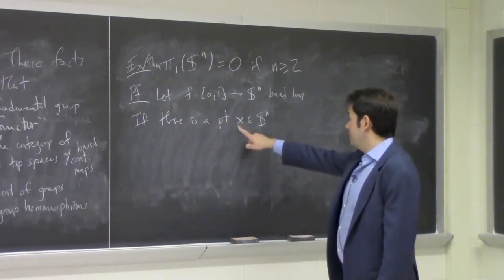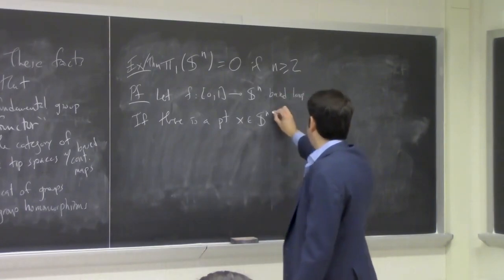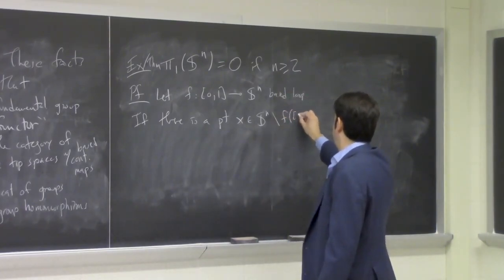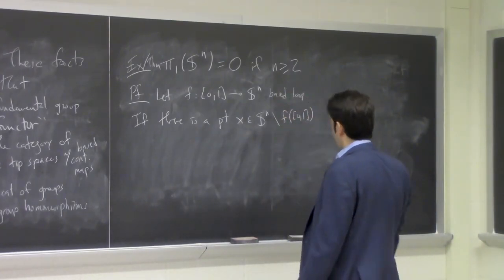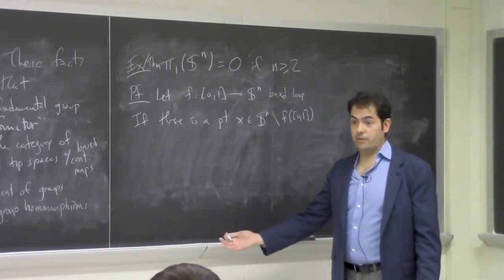So if there's some point in Sn that is not in the image of f, then it's easy, right?